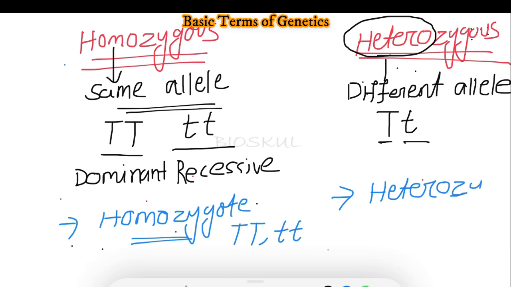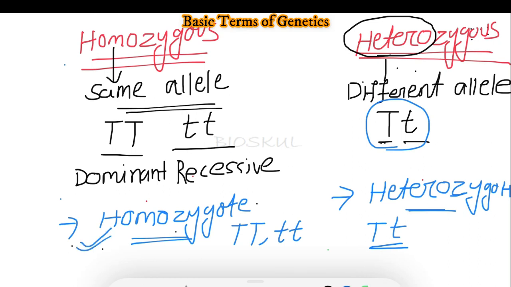Heterozygotes are individuals or organisms, plants or animals, that have a heterozygous gene composition. So the individual which has a homozygous gene composition is known as the homozygote, and the individual which has a heterozygous gene composition is known as the heterozygote.